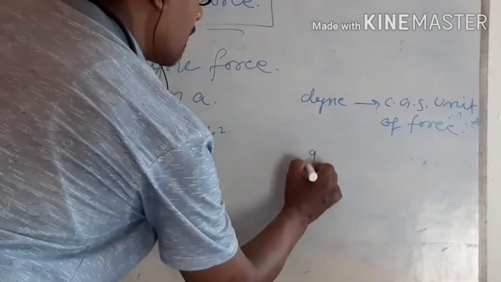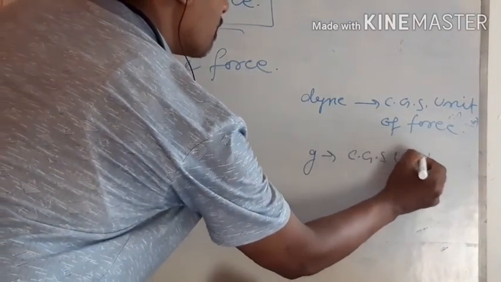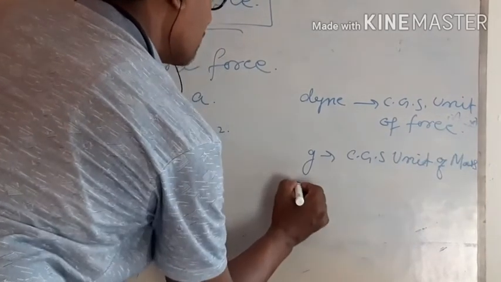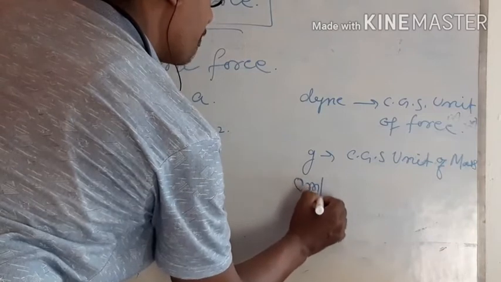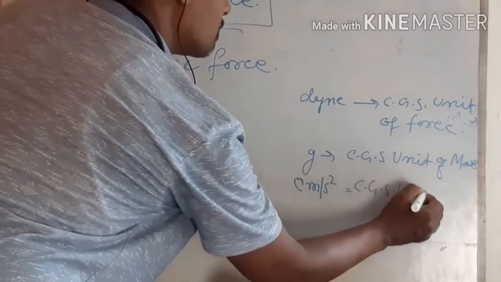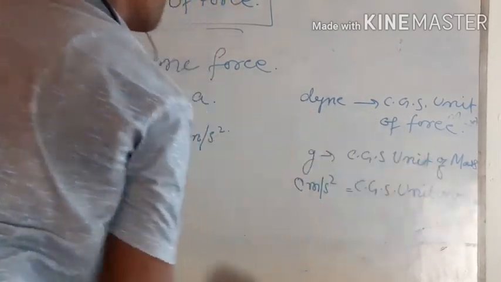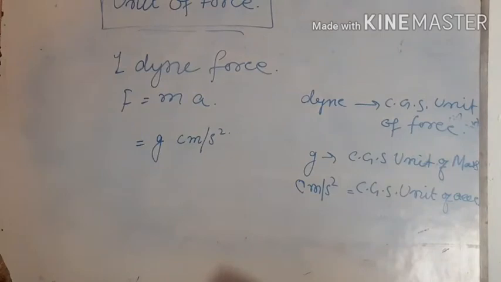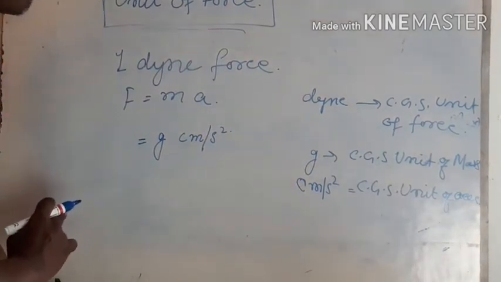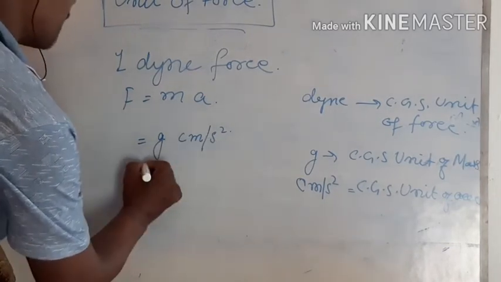Here gram is the CGS unit of mass and centimeter per second square is the CGS unit of acceleration, right?